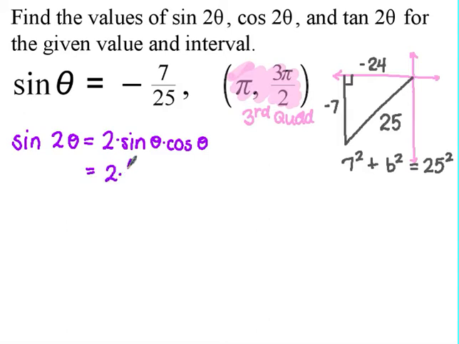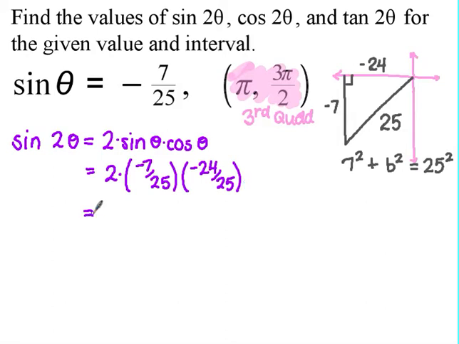I already know from the problem that the sine is negative 7/25. From what I just found in this triangle, I know that the cosine is going to be, what? Negative 24/25. So all I need to do is calculate that, and that's my answer for the sine of 2 theta.